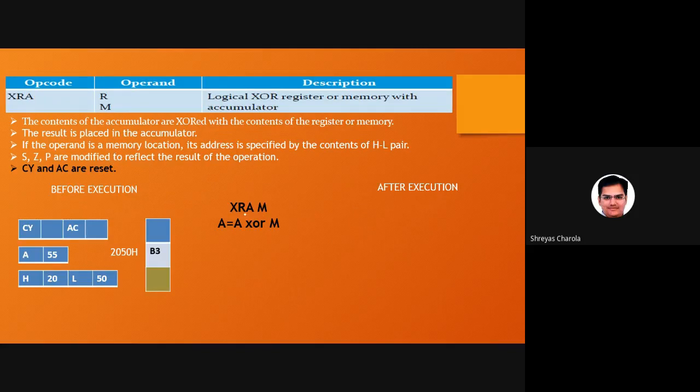Solve for this XRA M. Okay, same as the AND operation, we have the XOR operation. Write down the answer in the chat box.